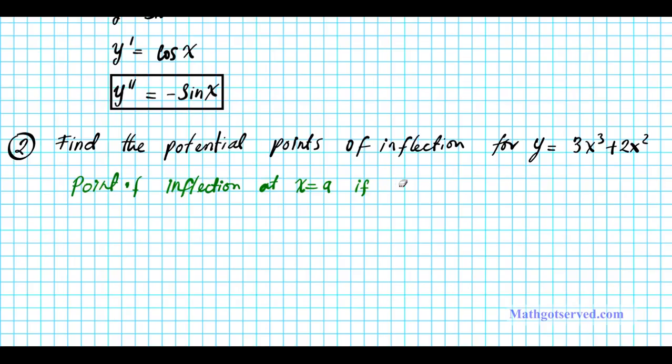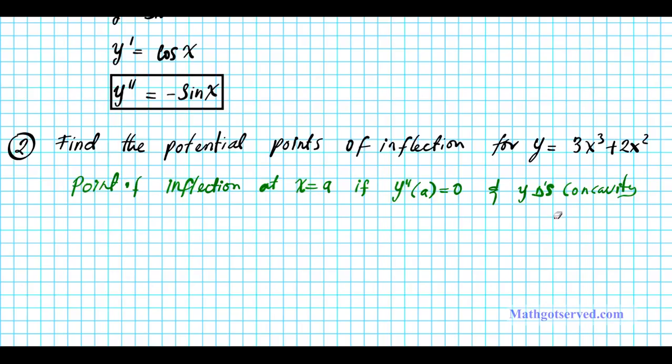Condition number one, the second derivative of the function at that point is equal to 0, and the concavity changes. So y changes concavity. What does that mean? Y changing concavity means that y changes from concave up to concave down at a, or changes from concave down to concave up at a also.